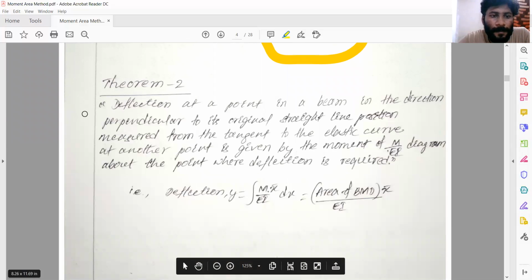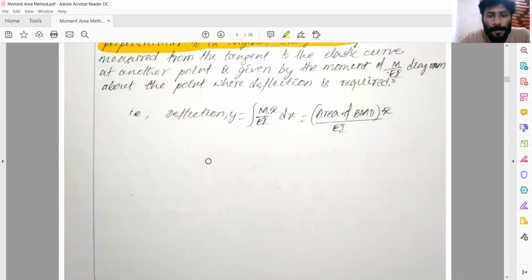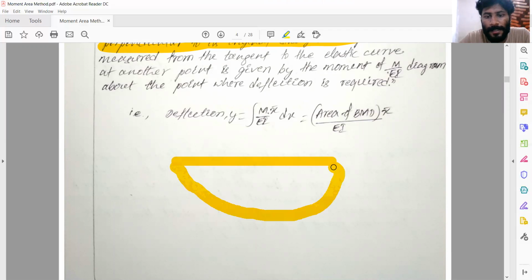Theorem 2 says that the deflection at a point in a beam, in the direction perpendicular to its original straight line portion, suppose this is my beam and this is the deflected shape.